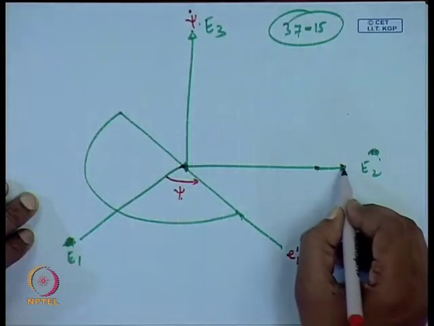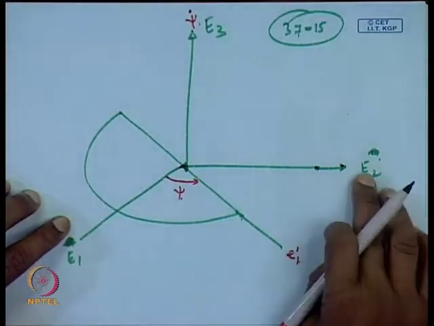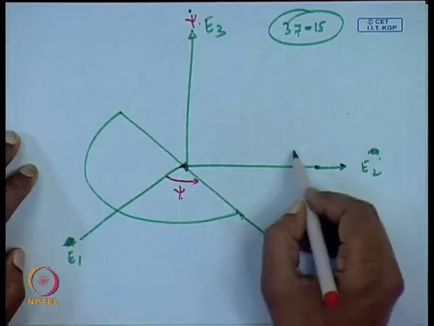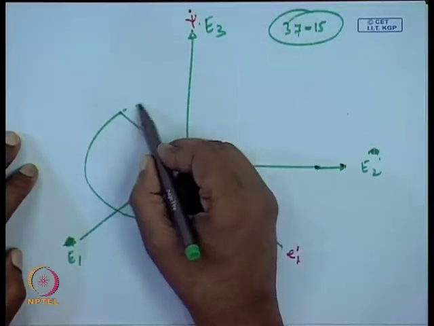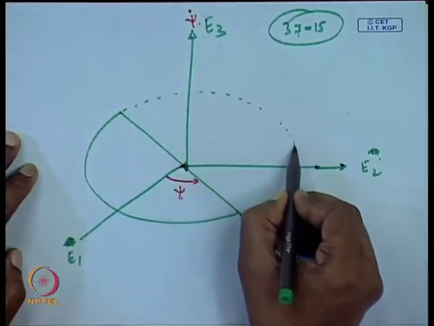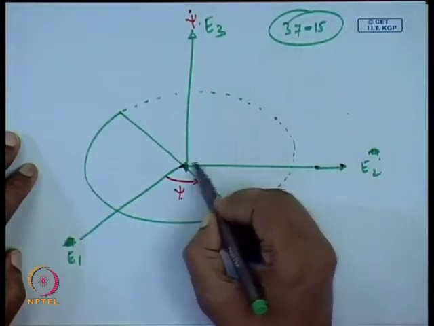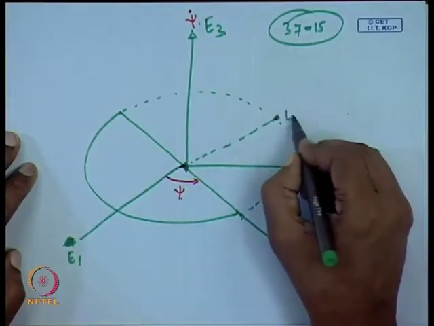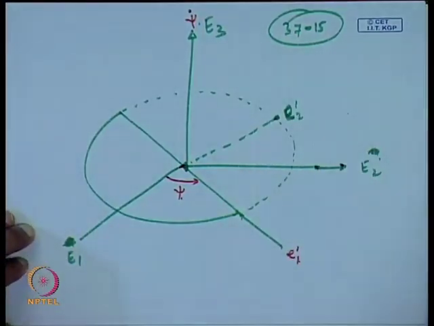Okay, and E2 prime similarly will rotate in the E1 E2 plane. E2 will move in the E1 E2 plane, and let us say this gets oriented from this place to this place. This is E2 prime, and here we have the E1 prime.